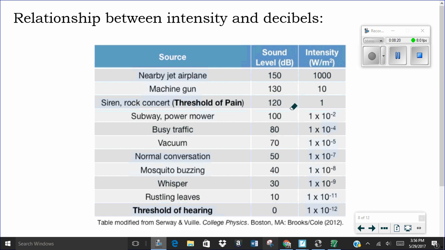Sound level at a typical rock concert, depending on where you're standing or how close you are to the stage, is 120 decibels. And we have that labeled with an intensity of 1 watt per meter squared. So that is the point where you actually start to experience pain as you're listening to these sounds in terms of loudness.